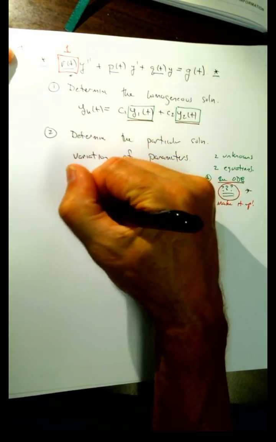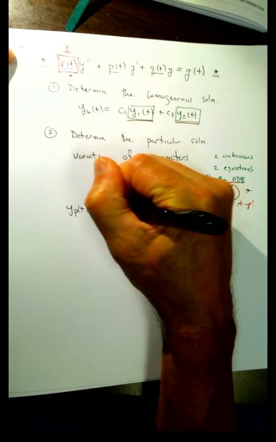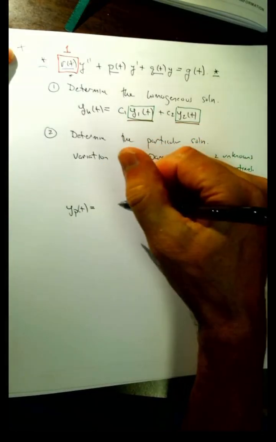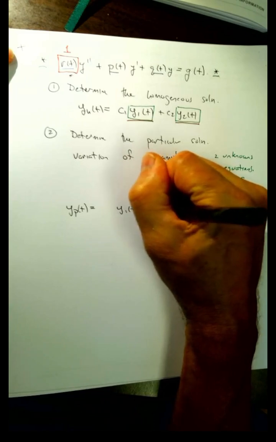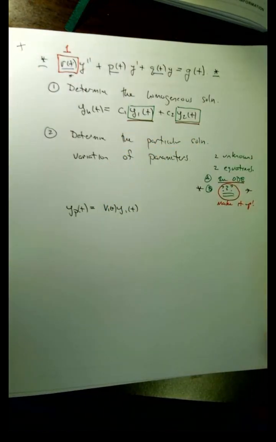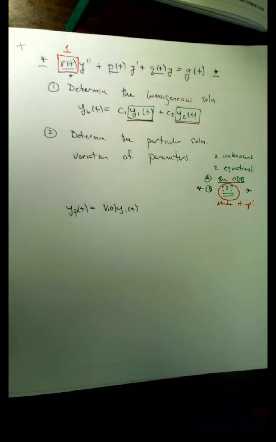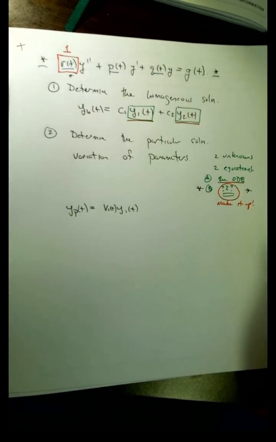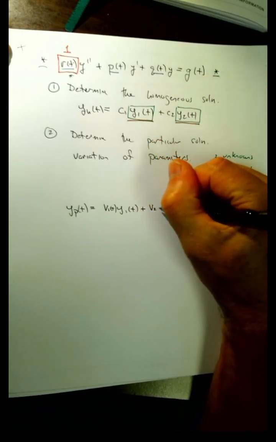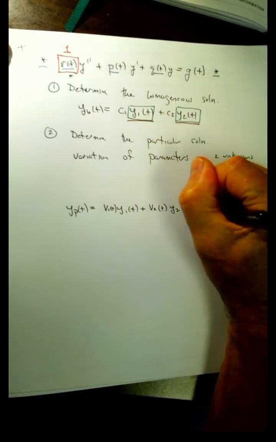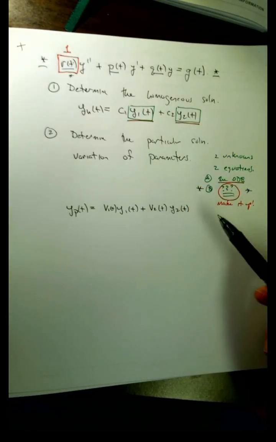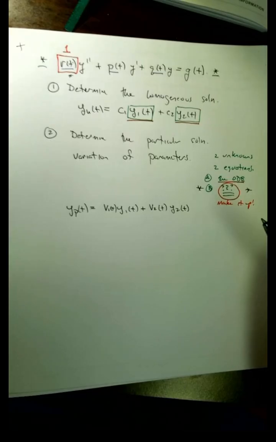So for my particular solution, now here's the thing: when we did reduction of order, we took a homogeneous solution and we just multiplied it by some function and plugged it back into the equation. So we're going to do the exact same thing, but because we have a second homogeneous solution, I'm going to make use of that and do exactly the same thing.